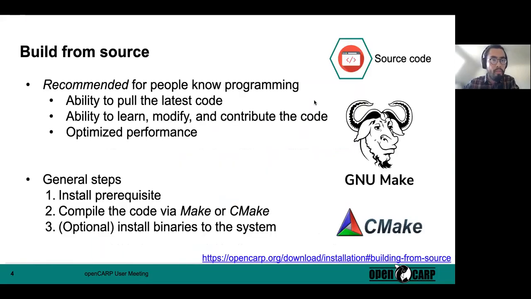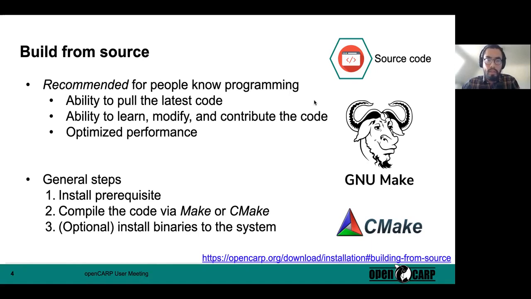So build from source is recommended if you know programming, because you can just pull the latest code we have released. And if you want the latest one which hasn't been released, you can get the latest code from our GitLab.